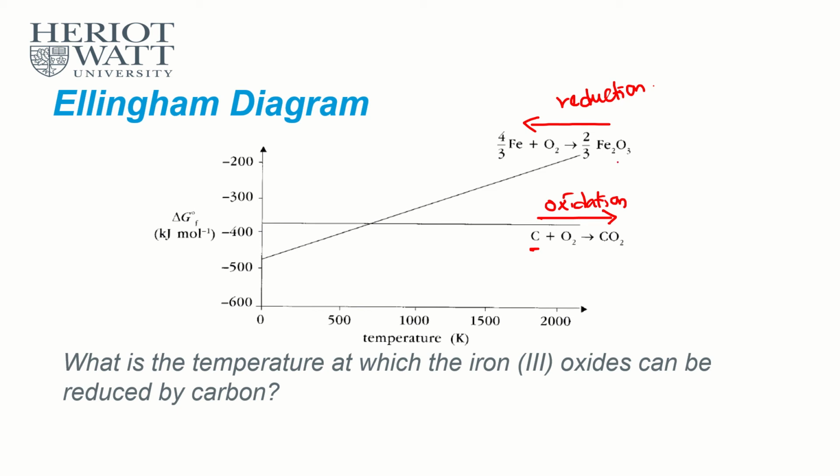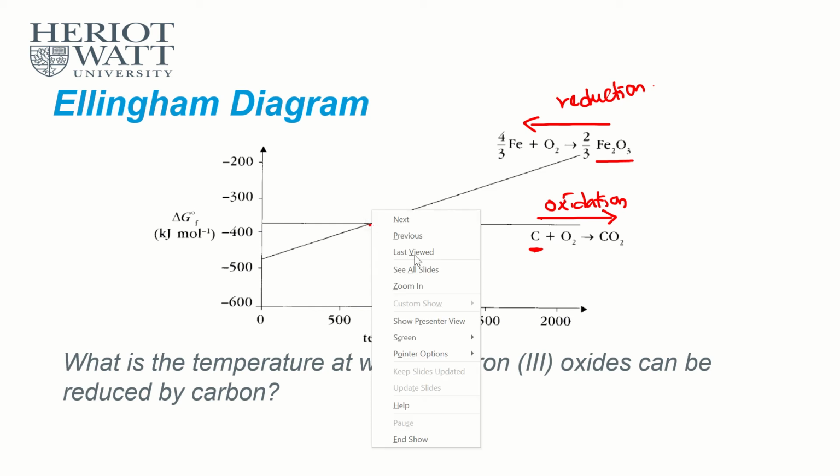Does it make sense? I have iron oxide as a reactant and carbon as a reactant. One undergoes reduction, one undergoes oxidation. Now, how do we determine the temperature for the reduction? Can you see the two lines having an intersection here?